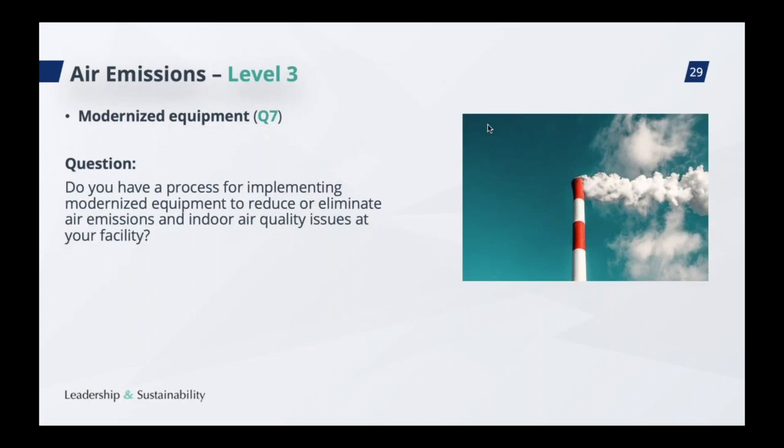Here it is asked whether you have a process for implementing modernized equipment to reduce or eliminate air emissions and indoor air quality issues at your facility. The intent of this question is for a facility to be able to share or demonstrate advanced practices to control air pollutants. If you have already reached level 3, aspirational, then you don't need to modernize your equipment further and can respond yes here.